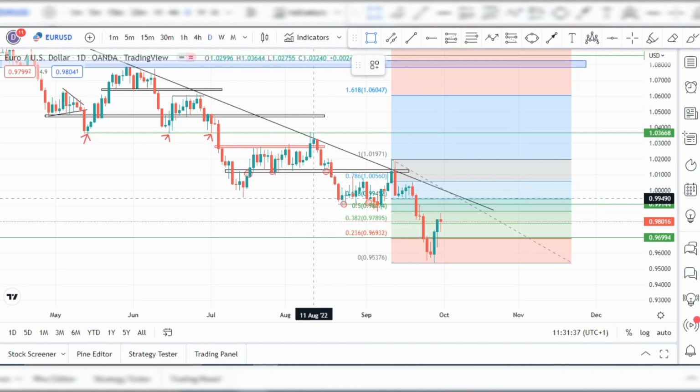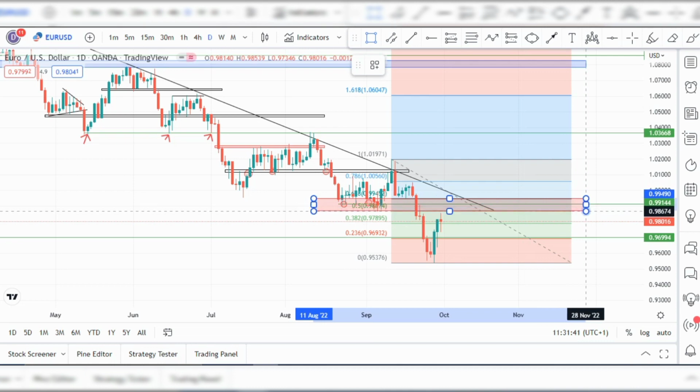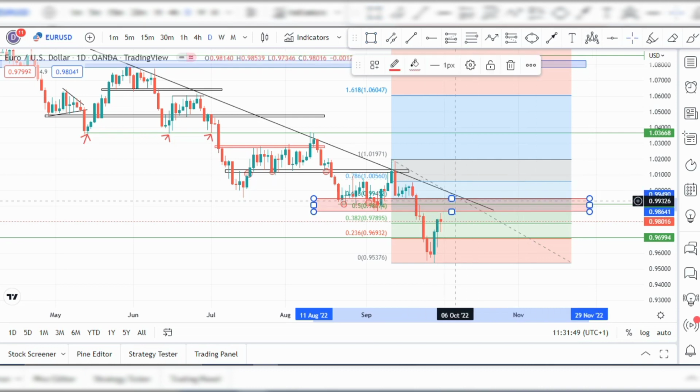That is the 0.995 there to the 0.98, say 0.985 if you will, or 0.986. That area is our zone, where we will be targeting for our Fibonacci retracement, with the top one being the 61.8% level and the bottom one being the 50% level.